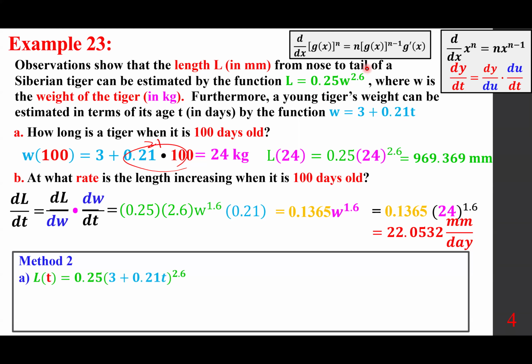Now, of course, if I plug in 100 here and evaluate it, I must and I will get the same answer that I got here for the length. So that's pretty straightforward.